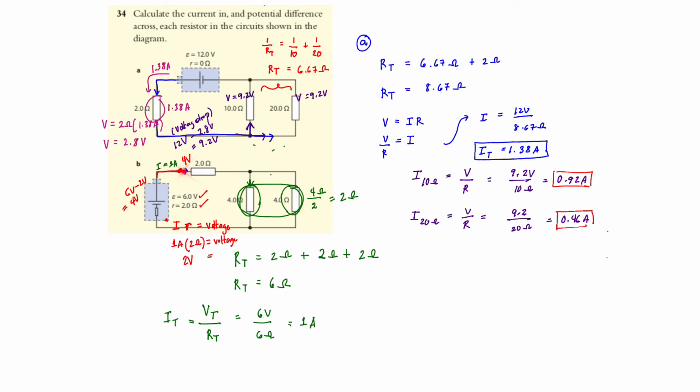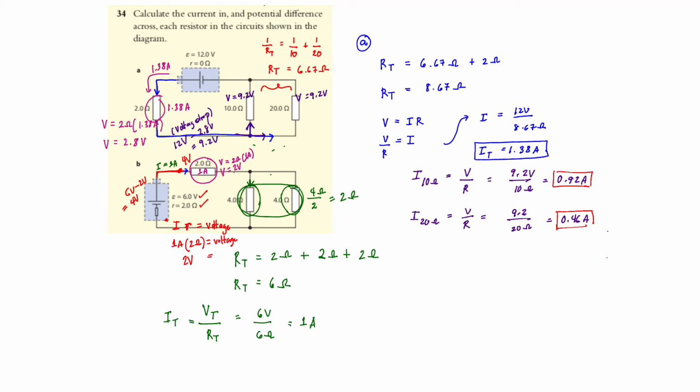And then how about the current that's going to flow here? That is still going to be 1 ampere. And so the voltage now would be 2 ohms times 1 ampere, and so we have 2 volts.